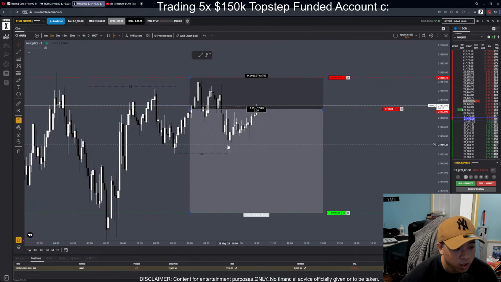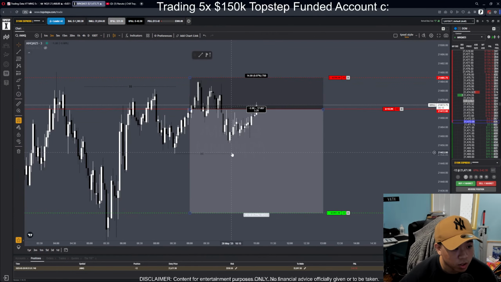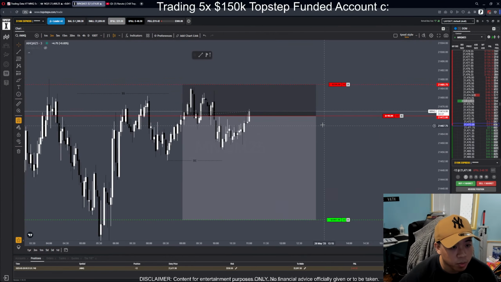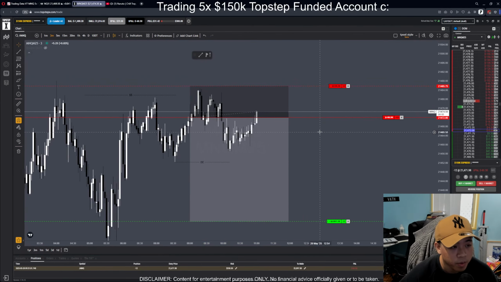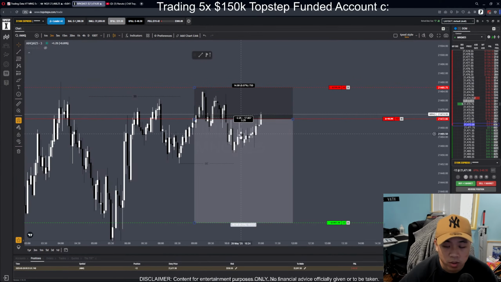And it wasn't enough for me to move to break even, so I'm just gonna stick with that. For my break even criteria, it has to at least touch the internal protected structure, so it would have had to come down here for me to move break even. If it fails, then one thing I am a bit annoyed about is me sizing in or scaling a few micro contracts around here.